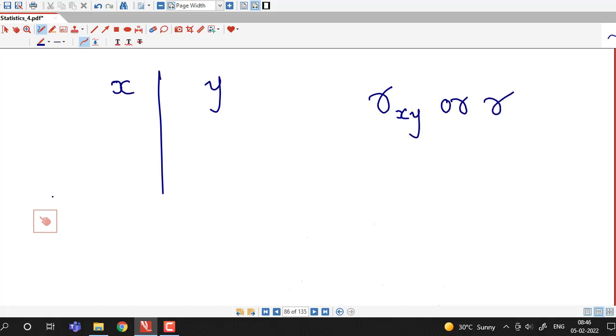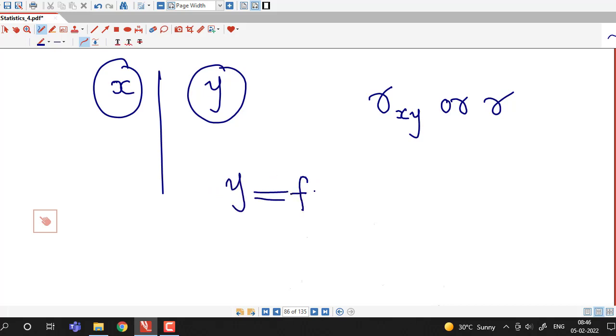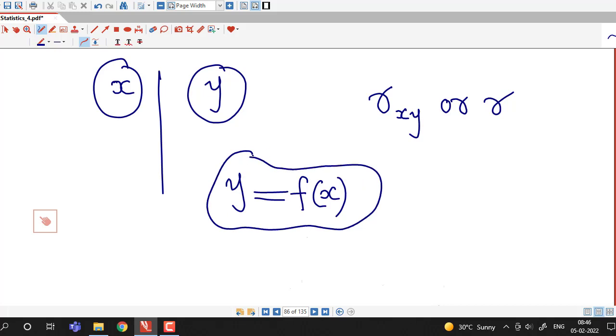Now suppose we want to predict the value of one variable from the known value of another variable. Then we will require some relationship between the two variables, which we can represent in mathematical form or in terms of a mathematical equation, or we can have a functional relationship between two variables.